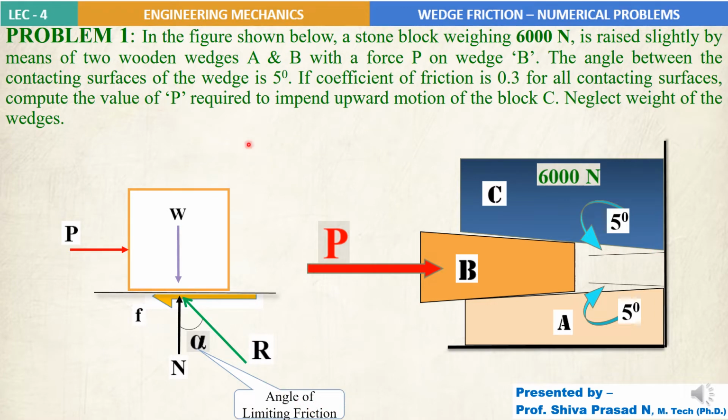This concept we will be using in solving problems on wedges. So those who have not looked into the theory of friction, please go back and view our lecture video on theory of friction.